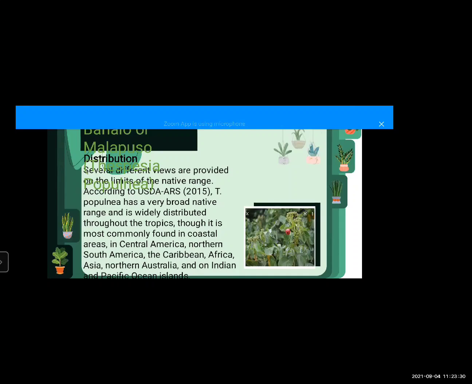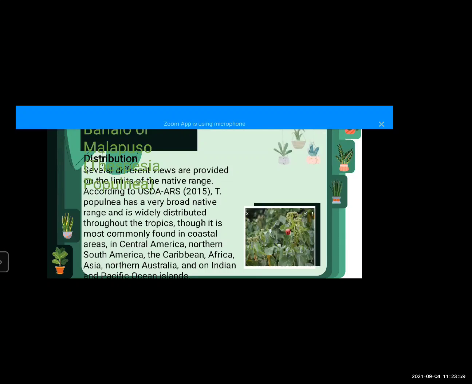Distribution. Several different views are provided on the limits of the native range. According to USDA ARS 2015, T. populnea has a very broad native range and is widely distributed throughout the tropics.